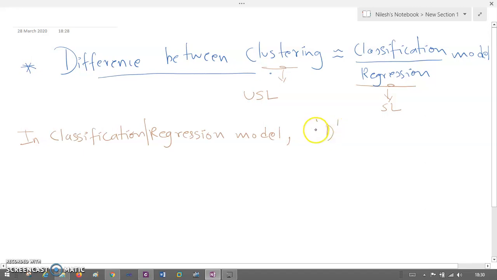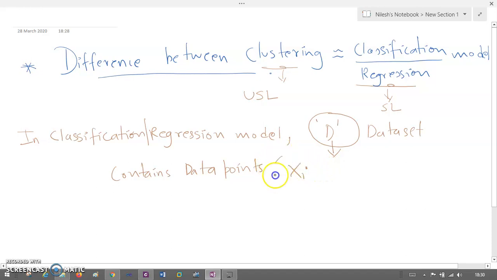Let's say I am representing my whole data set with this capital letter D. This data set contains data points in the form of x of i, and class labels in the form of y of i. So my data set consists of x of i and y of i.